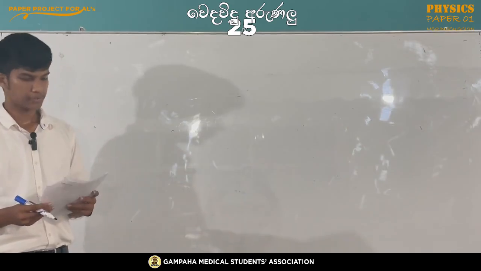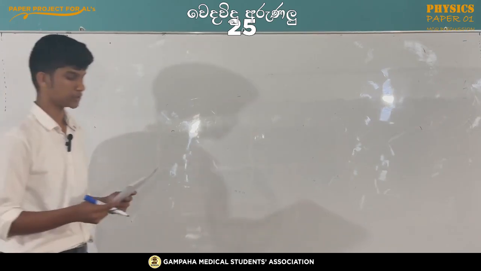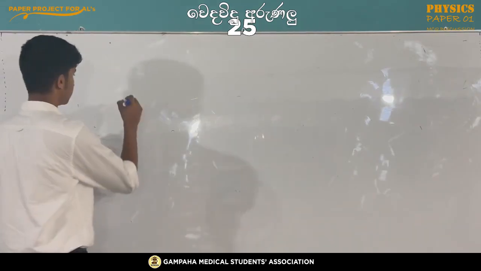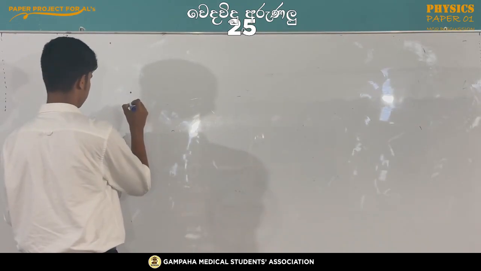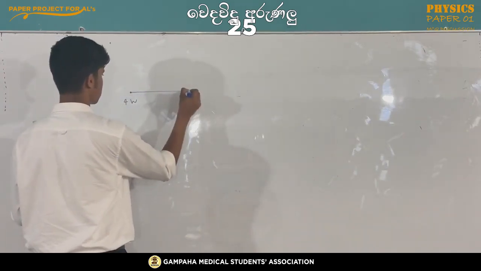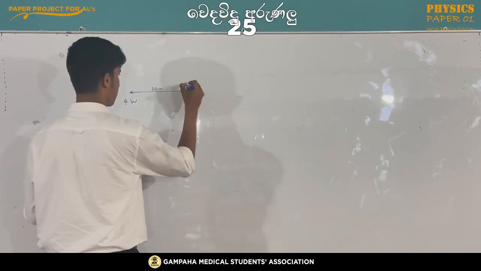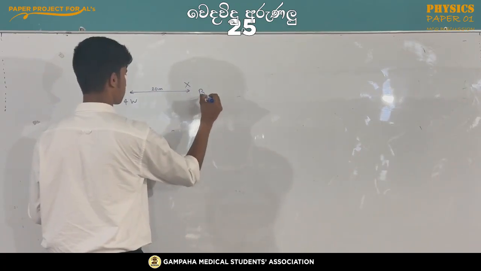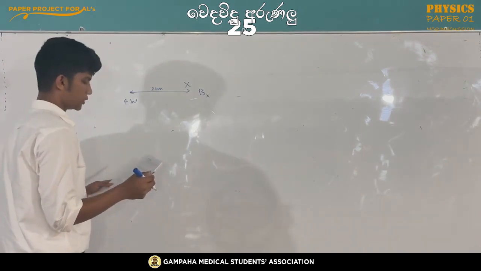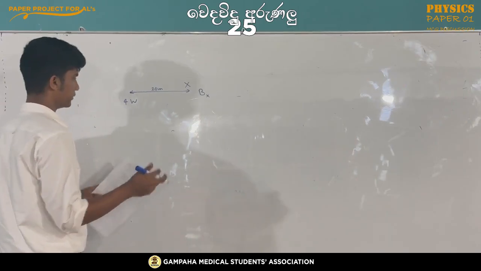In the 26th question, the sound intensity level of X, who is at 20 meters from a sound source of power 4 watts, is Bx. The sound intensity level of Y, who is 40 meters from a sound source of 20 watts, is By.